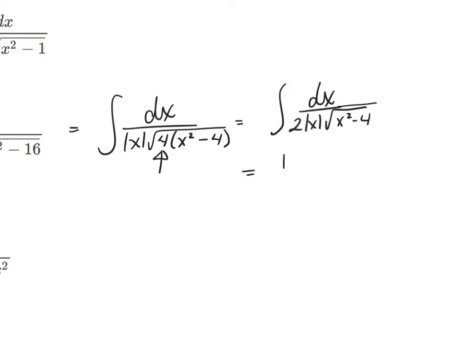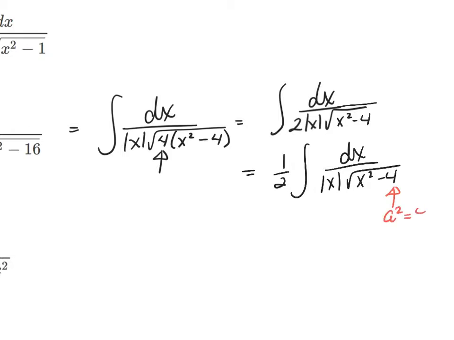So this is equal to 1/2 the integral of dx over the absolute value of x, the square root of x squared minus 4. And then a squared is equal to 4. That means a is equal to 2. So this is going to be 1/2, using the inverse formula for secant inverse.